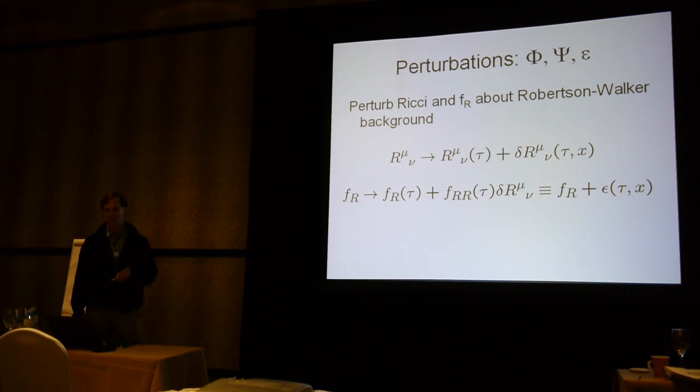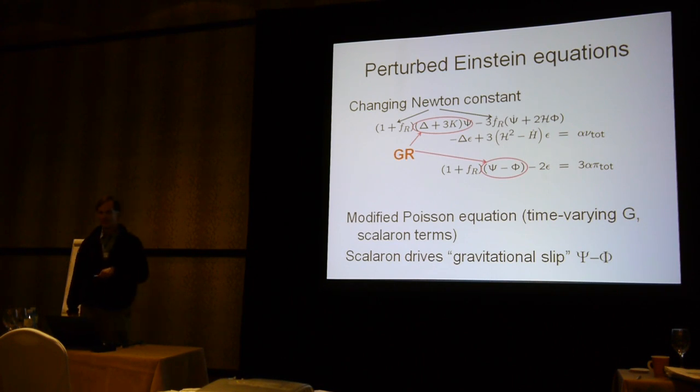Here's the cosmological perturbation theory. So we do this, and we plug into the Einstein equations, and the result is a big mess. I'm not going to try to put all the equations up for you, but I just want to show a couple of equations with characteristic features. First of all, I have one equation which, in the case of GR, had this term in the red plus the right-hand side.